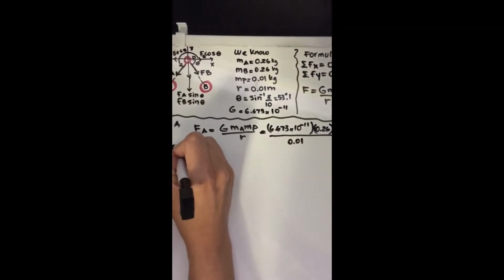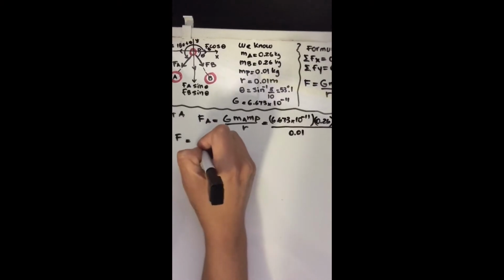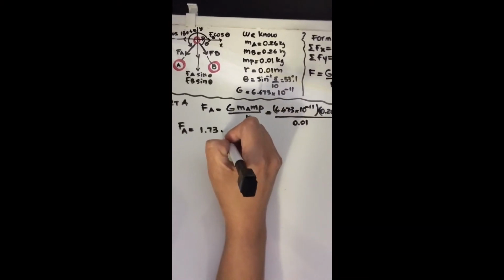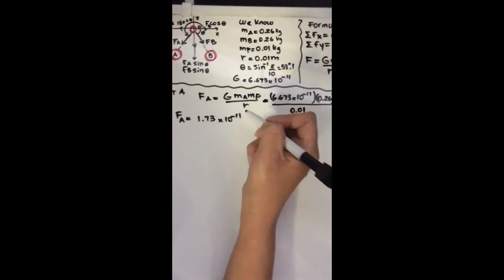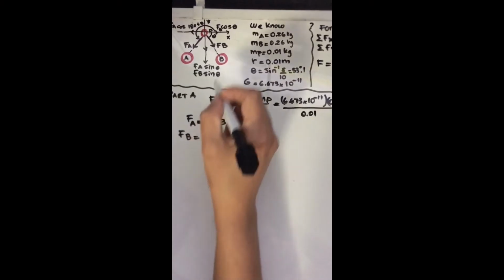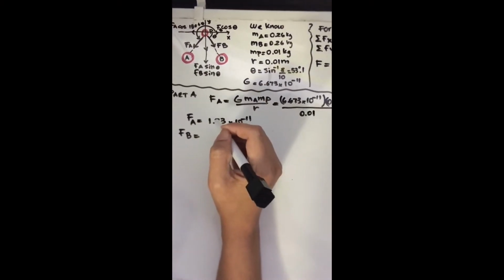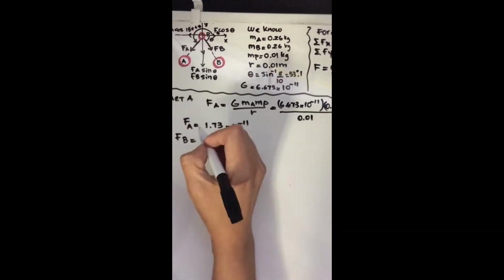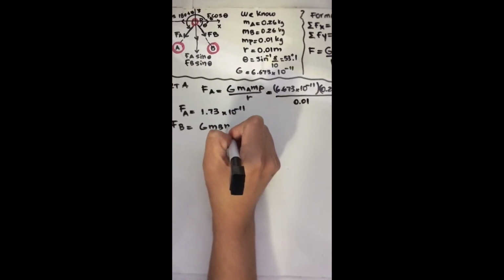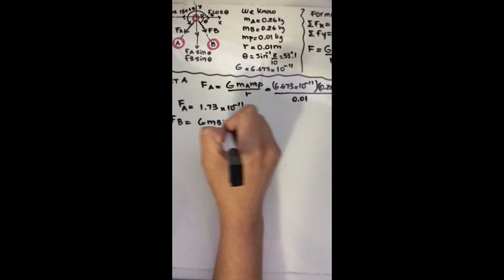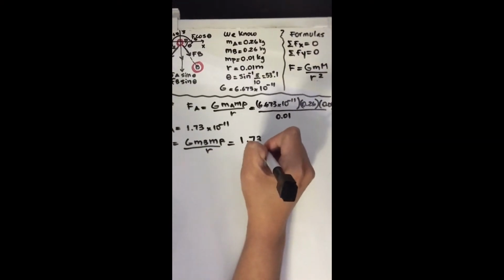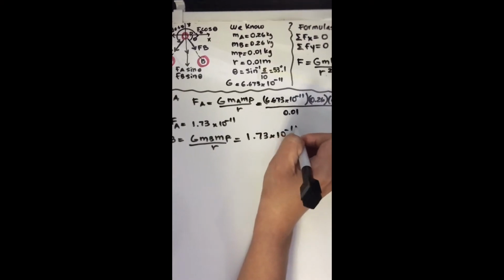And this is going to give you 1.73 for the force of A times 10 to the negative 11. Force of B is exactly equal, G times mass of B times mass of P over the radius, and it's going to give you exactly the same answer as force A.